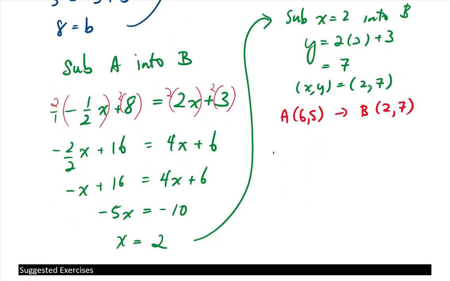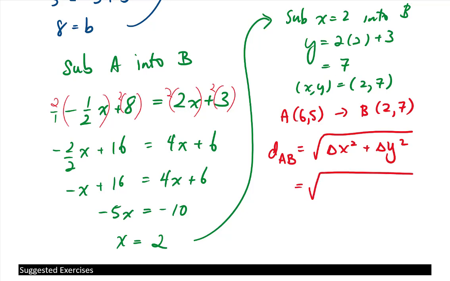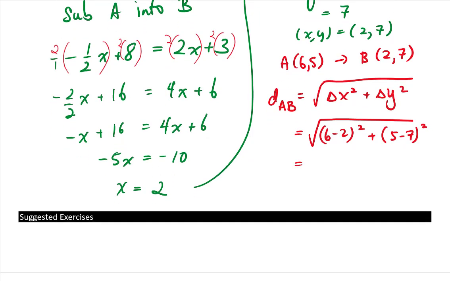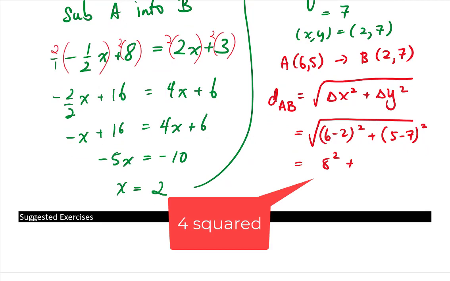So if we want to find that distance, we'll call the distance of AB, it is the square root of delta x squared plus delta y squared. And if we go through that, delta x would be 6 minus 2 all squared plus 5 minus 7 squared, and that would be equal to 4 squared plus negative 2 squared.